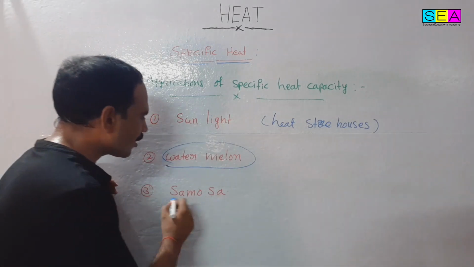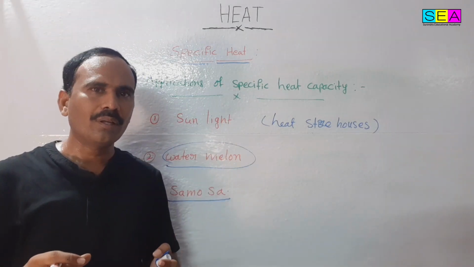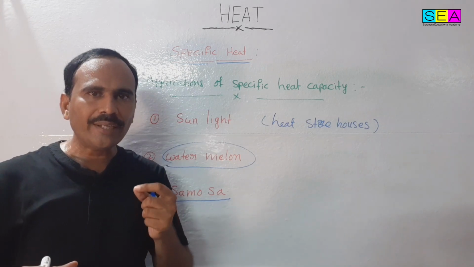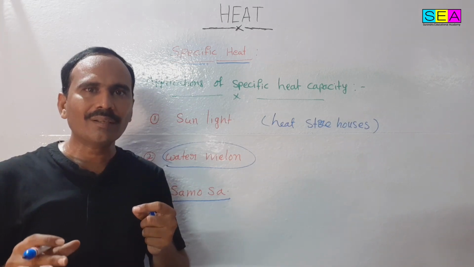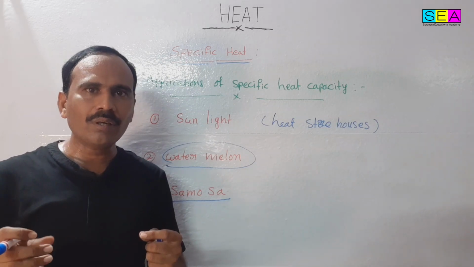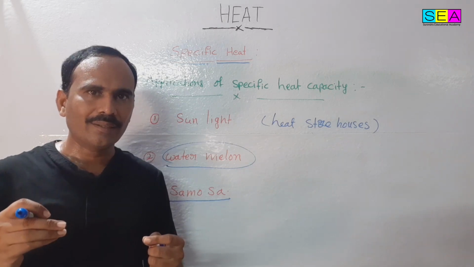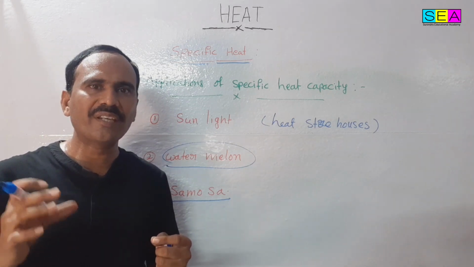And the third one is samosa. The outside of the samosa looks cool, but if we eat the samosa, it is hot, because inside the samosa, some vegetables and other materials are present. They have high specific heat.